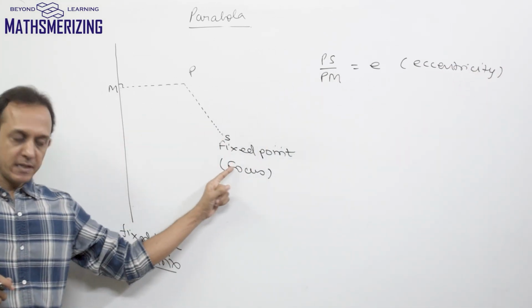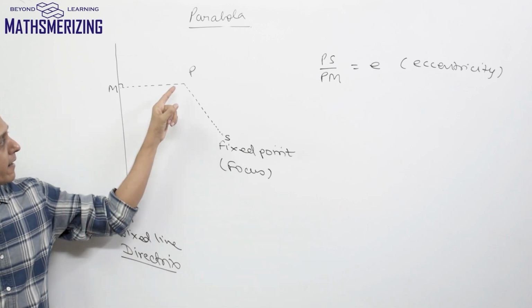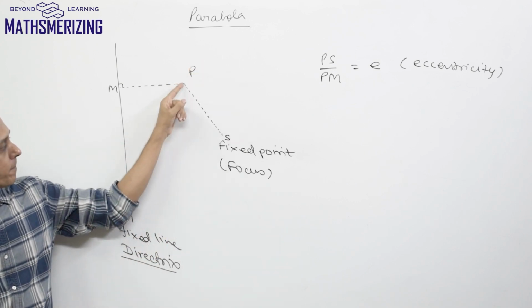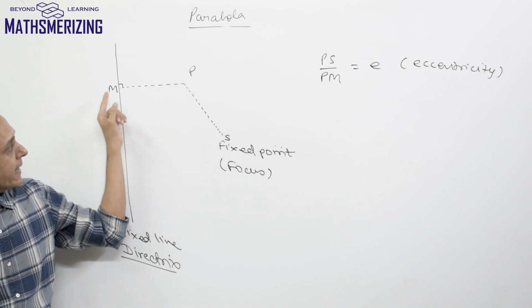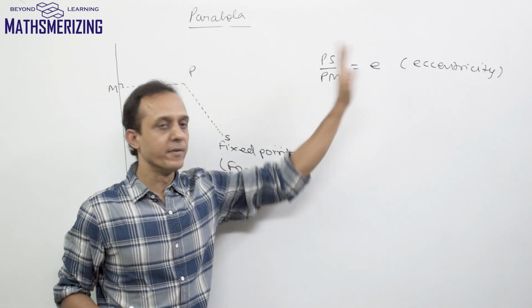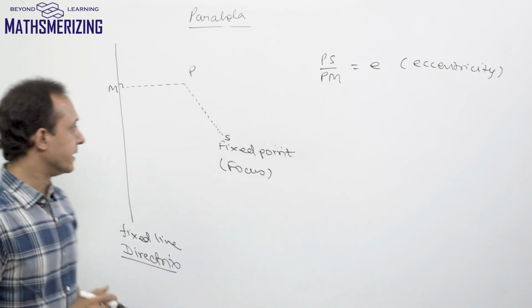So this point is fixed, this line is fixed, and the distance of any point on these conic sections from the focus and directrix, their ratio, is also fixed, it is also constant, and this ratio is called eccentricity.